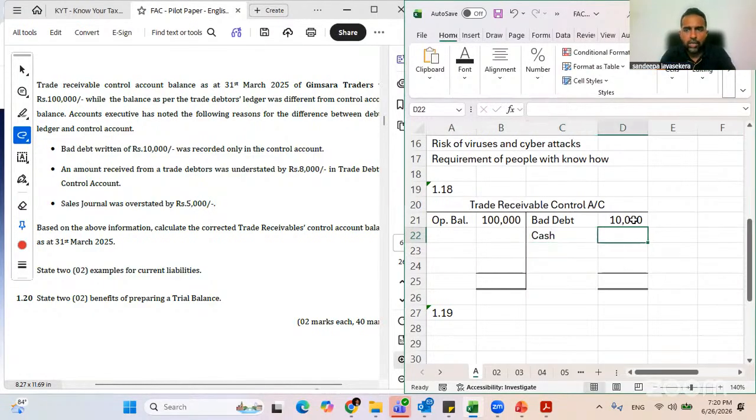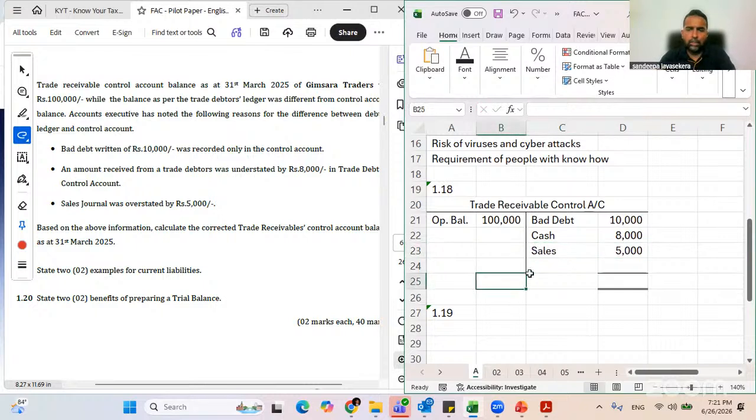So cash 8,000. Third one, sales journal was overstated. So you have put higher sales figures, so the balance is high. To reduce, we have to credit.